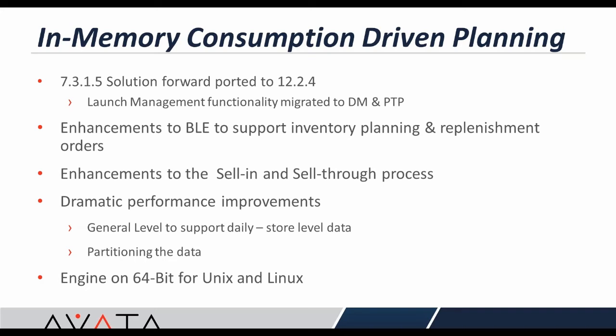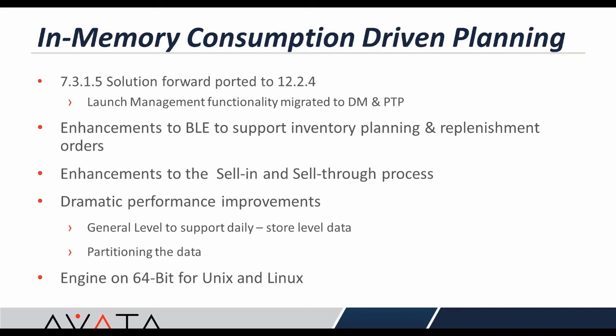Now they did enhance the sell-in and sell-through process and how the sell-through is converted into your sell-in forecast. And there were dramatic performance improvements made, particularly by partitioning the data.